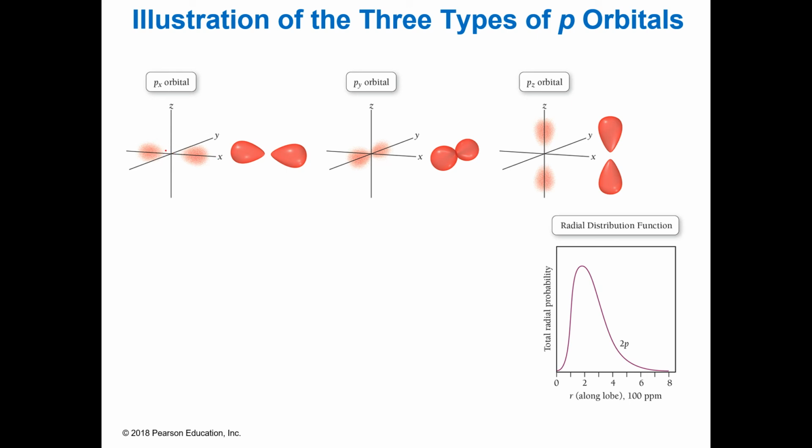So you're going to have one on the x-axis, one on the y, and one on the z. So those are 3 different areas of space that you're going to find an electron. Now you'll notice that when they come together, there's a 0 spot. That's called a node. In the node, you'll never find an electron. It's going to be within the bubbles that you see there.